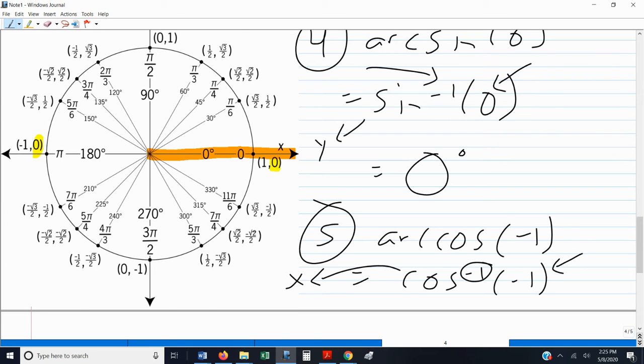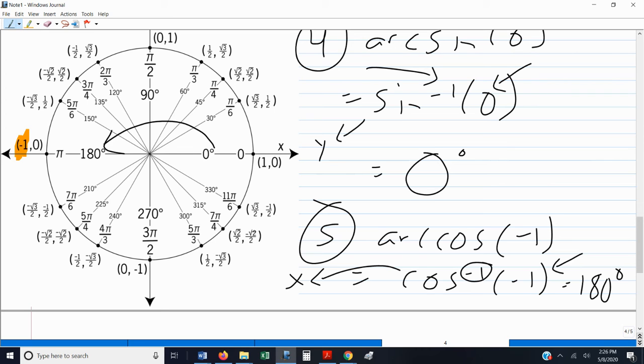So this question is asking you, at what angle do you have an x value of negative 1? And think about where you see an x value of negative 1. That is only happening here. So we can give that answer as 180 degrees. So that would be for arc cosine of negative 1.